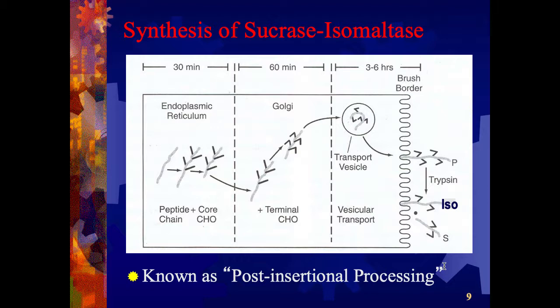About 5% anchors it. And that's for both of these. So about 5% of isomaltase is in the membrane, about 5% of sucrase is in the membrane. The rest is ready for substrate in the lumen. So when isomaltose or sucrose interact with the enzyme, it'll cleave it, and it stays on that membrane.